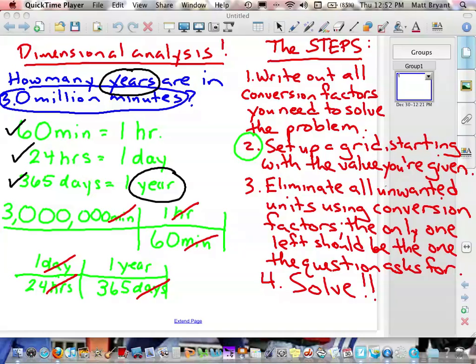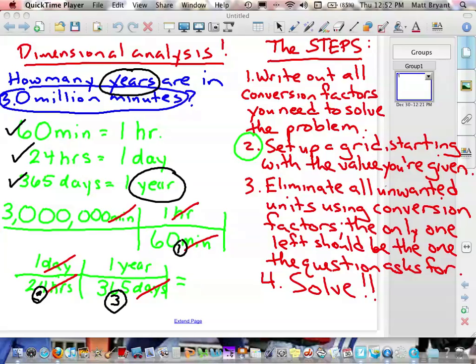All right, now if we solve this problem, we're going to take 3.0 million, divide it by 60. That's going to be our first step. And then we're going to divide that number by 24 because that's a number on the bottom of our fraction as well. And then finally, we're going to divide by 365 because that's another number on the bottom of the fraction.